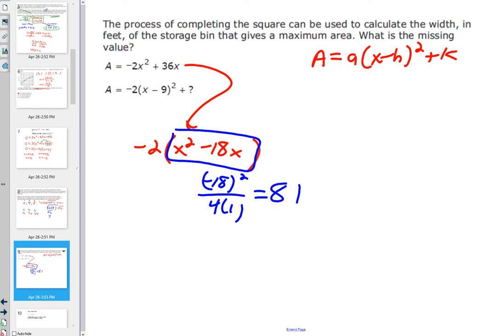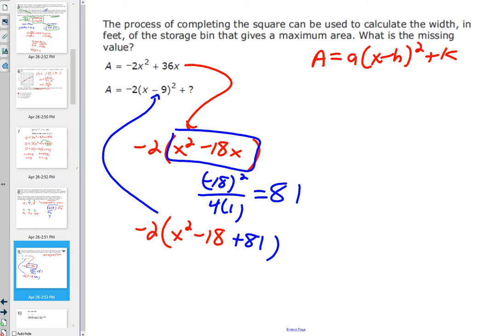So what happens then, I take what I already had, and I'm saying, in order to be able to make this parentheses turn into this one, I have to add 81 in the parentheses, in order to make it a perfect square trinomial. But overall, as an expression, I'm not really adding 81, because I had a negative 2 on the outside. What I'm really adding to that right side as a whole is whatever negative 2 times 81 is. What's negative 2 times 81? It's negative 162.